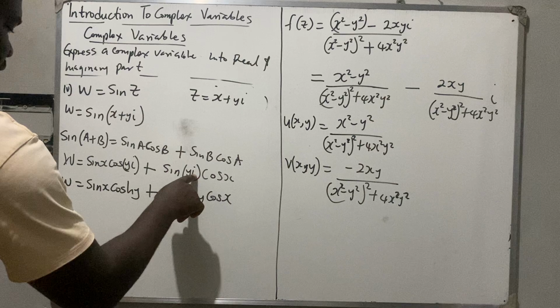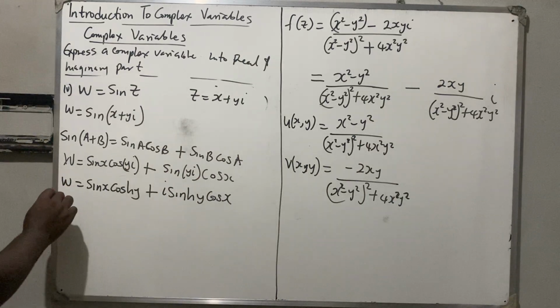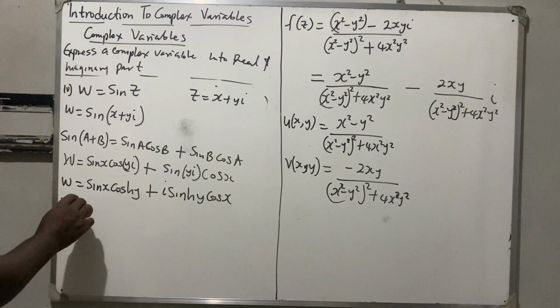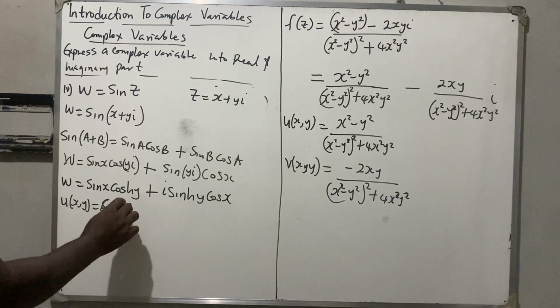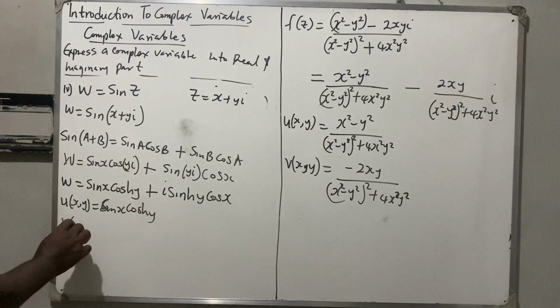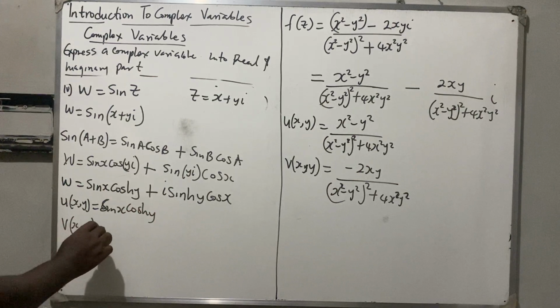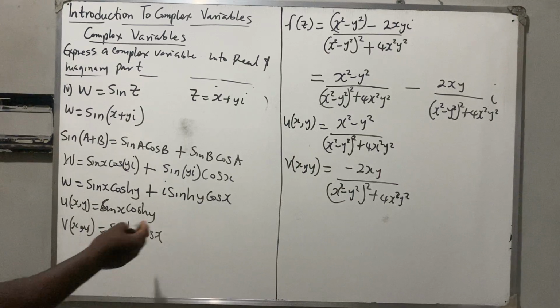But don't forget that because sine is an odd function, the i will come outside here. So you see that your u of x comma y will now be equal to what? Sine x cos y, while your v of x comma y will now be equal to what? Sine y cos x. As simple as that.